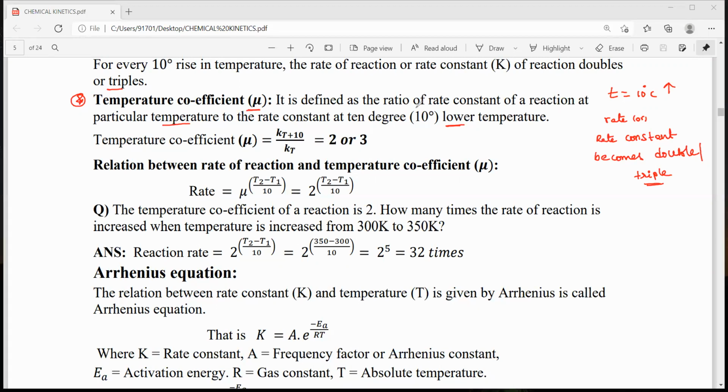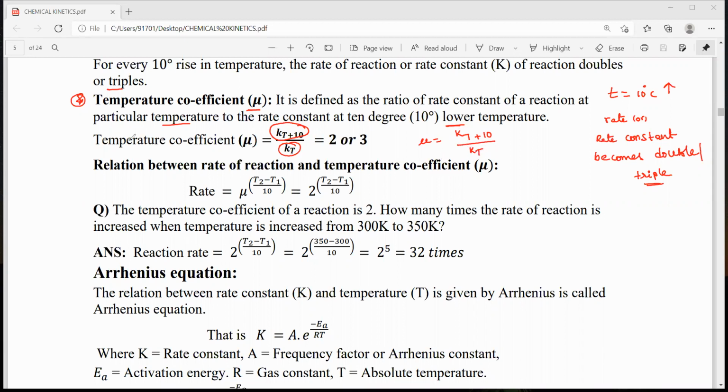So nu is equal to the ratio of the rate constant of a reaction at T plus 10 degrees centigrade temperature to the rate constant at the 10 degrees lower temperature, that is KT, and this is known as the temperature coefficient.